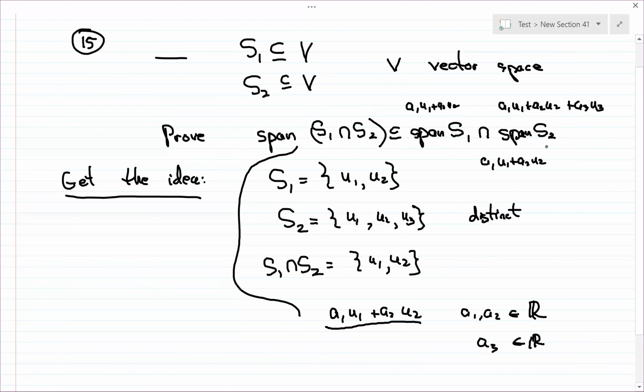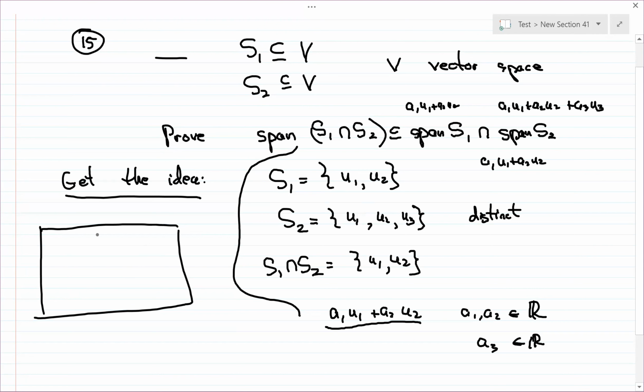Now the question is, does that kind of proof generalize? Let's think about it. In this case, what example am I doing here?